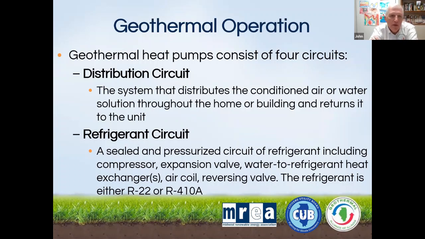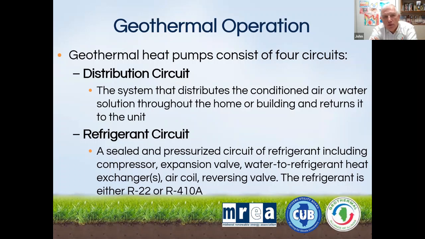I'll explain. The first system is the distribution circuit. In most homes, that's the circuit of ductwork that distributes the air through the home. In some homes that have hot water heating, it would be the piping that distributes the conditioned water through the home to heat the home. But in most homes, that's your ductwork system, okay?